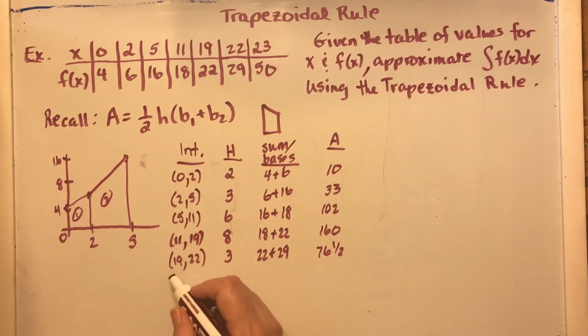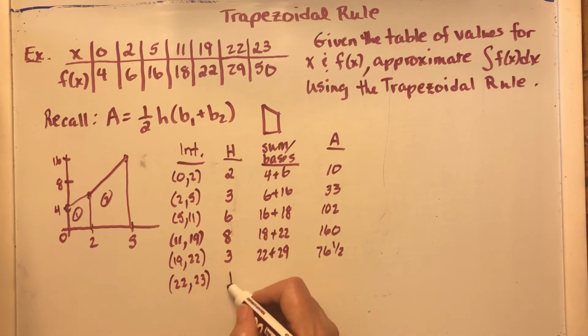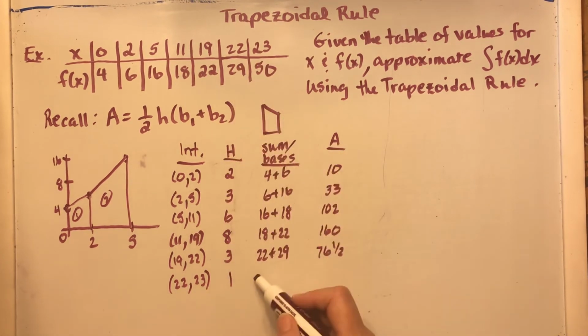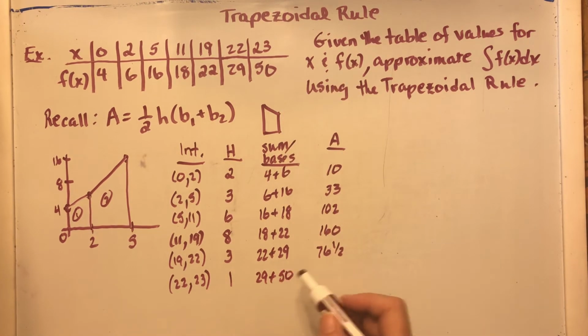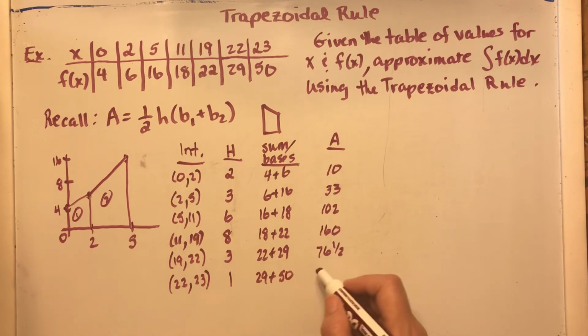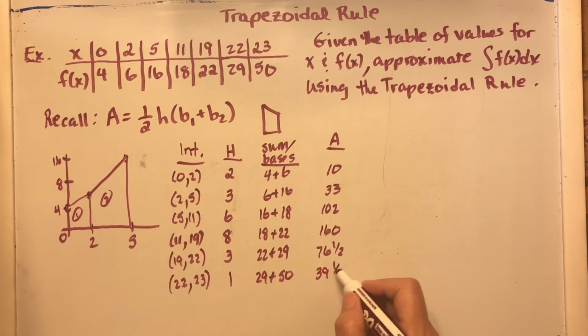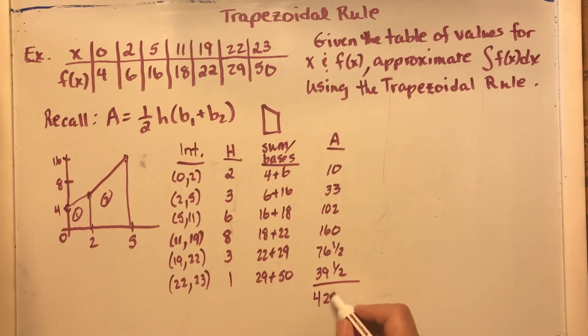And then finally from 22 to 23, that's a distance of 1. The y value at 22 is 29. The y value at 23 is 50. So we're taking 1/2 of 1 times 79, so that's just 79 halves, which is 39.5. So when we add all these up, we get an approximation of 421 for the area under that curve.